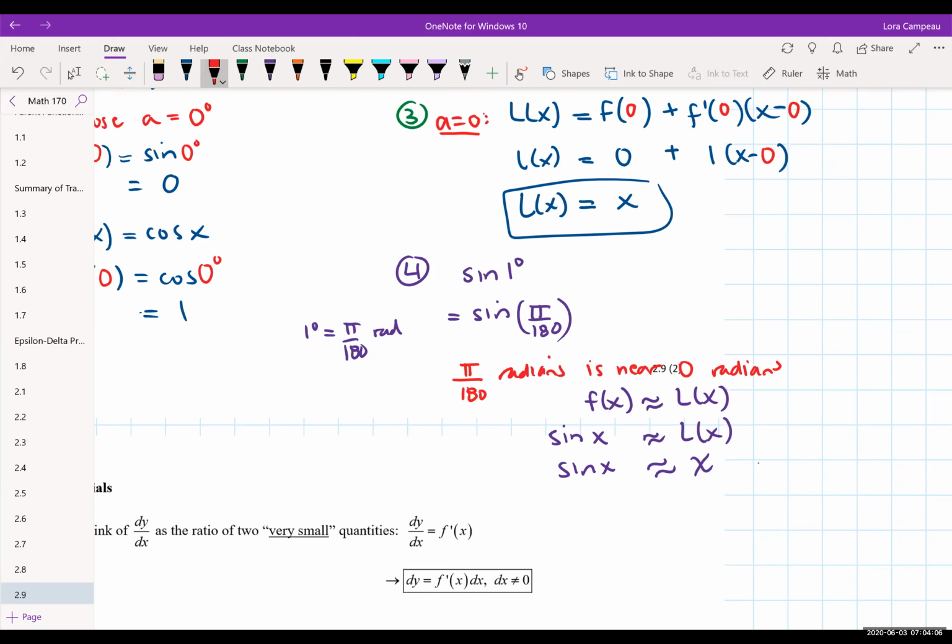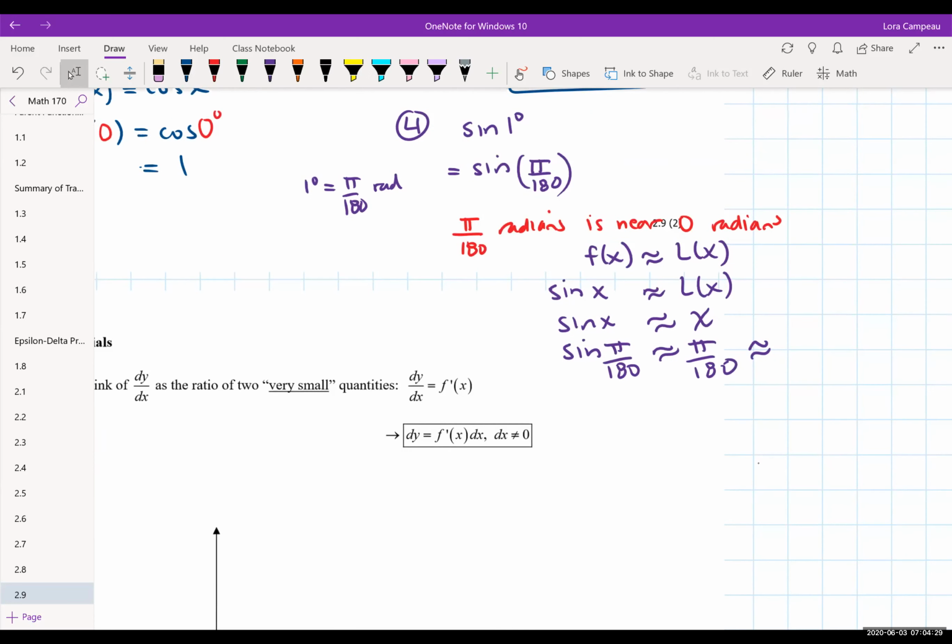So just so that we see this, sine of pi over 180 is approximately equal to the linearization of pi over 180, which is pi over 180. Interesting. And if you actually are going to approximate it, we'd have to use our calculators, of course.